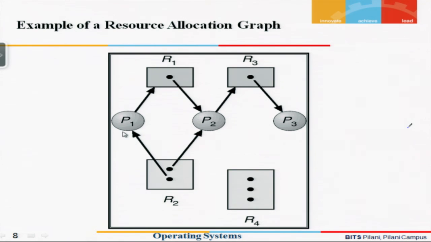Let us look at this and say whether, from looking at a graph, we can say if the deadlock is going to occur or not. The simple thing is we can do an analysis. This analysis we will continue to follow for every resource allocation graph which we are going to handle. So let us analyze this particular simple example.